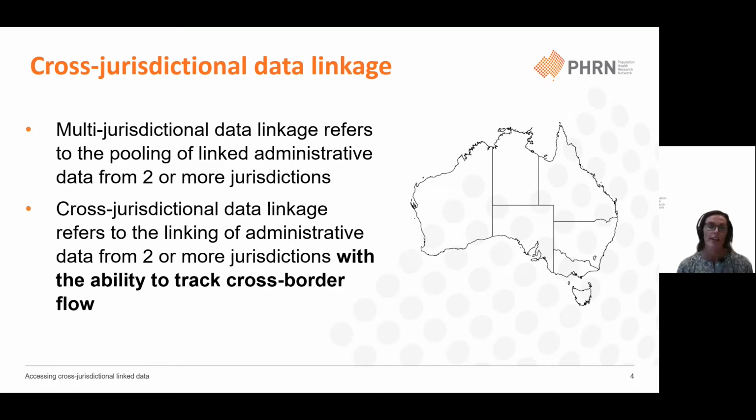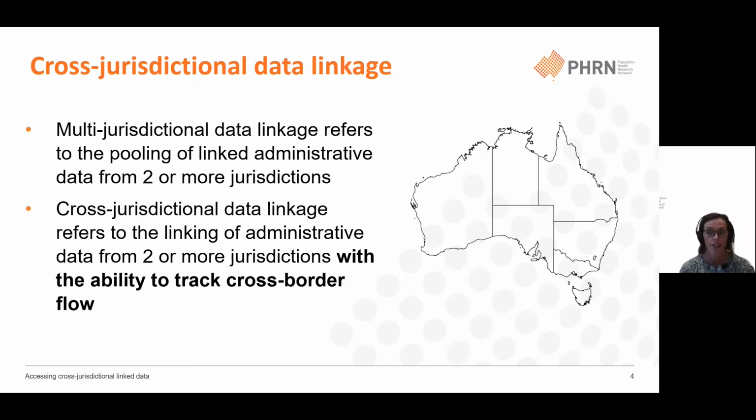So Australia is a federation with a complex health system, and there is no single national data collection. In Australia, federal, state and territory governments hold different health and health-related administrative data.